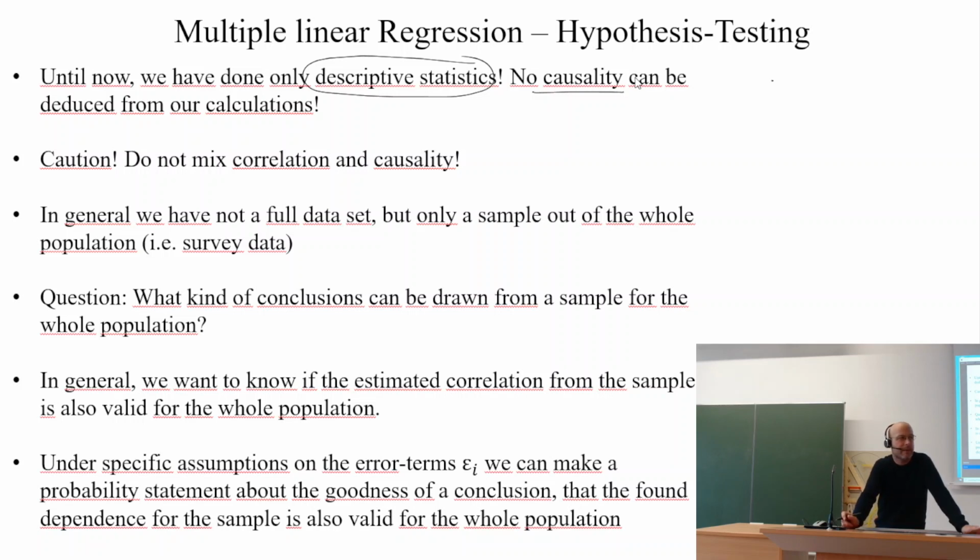And this is maybe the most often made error which people are making, just asking many people, do you like the product or not? And then you are interpreting this as causality, that everybody likes this product if maybe 87 out of 100 people say that they like the product. So please don't mix correlations and causality.